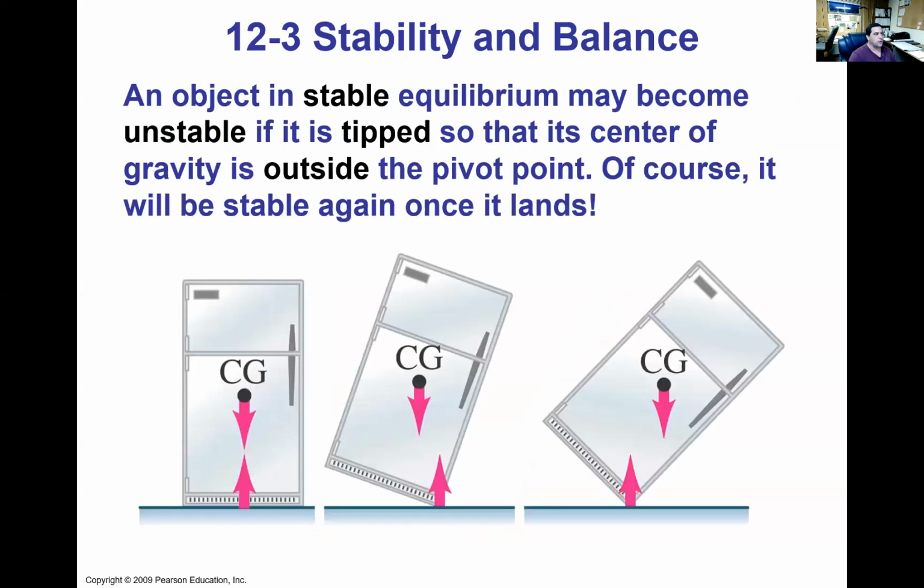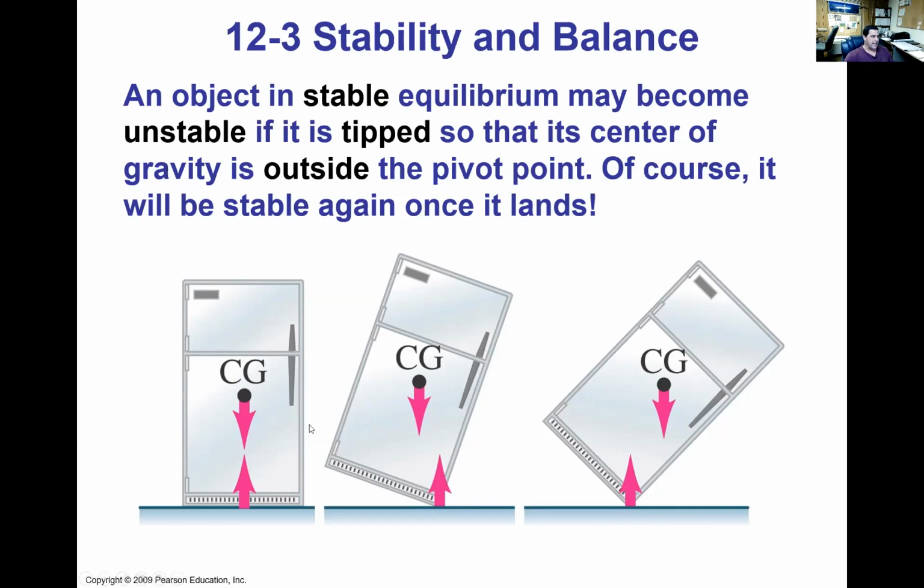If we take a look at an object in stable equilibrium, you can tip it and get it into a situation where it is in unstable equilibrium. That happens when the center of gravity is tipped outside of the point that you're pivoting around. It will be stable again after it lands, and then it'll be a neutral equilibrium like we said.